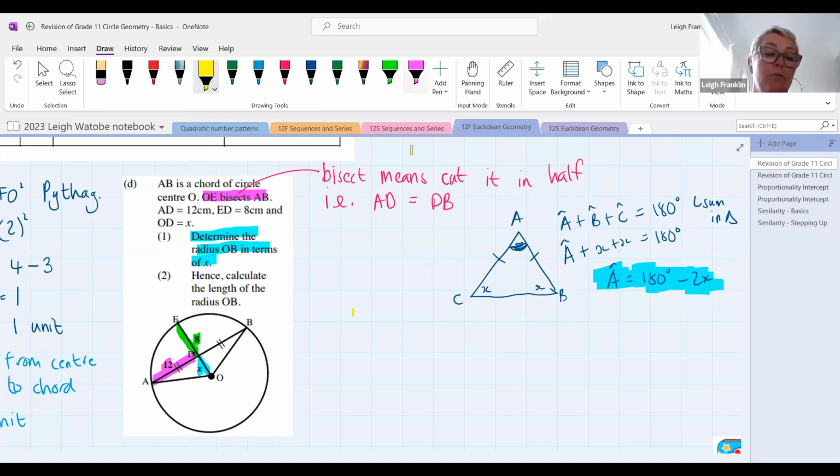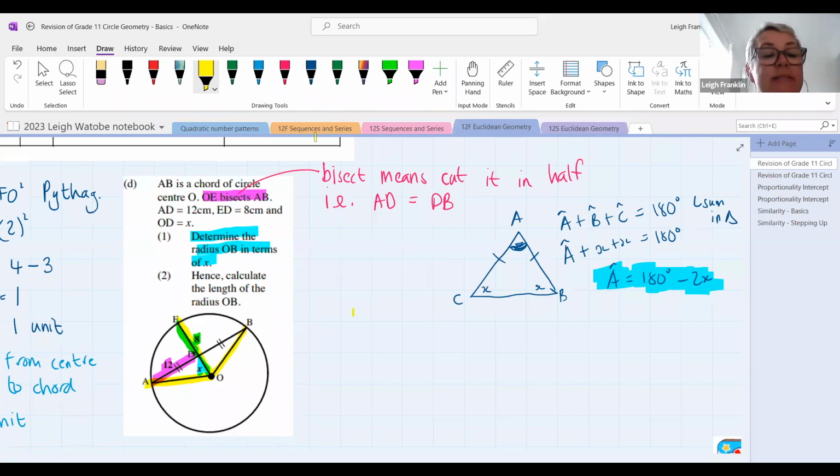They are all equal. So that means that OB is the same length as OE is the same length as AE. All right, they're all the same length. So all of those in yellow are radii, and they are all the same length.